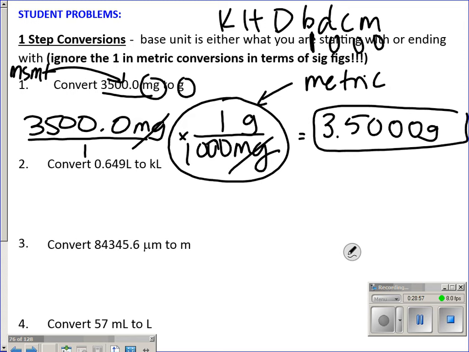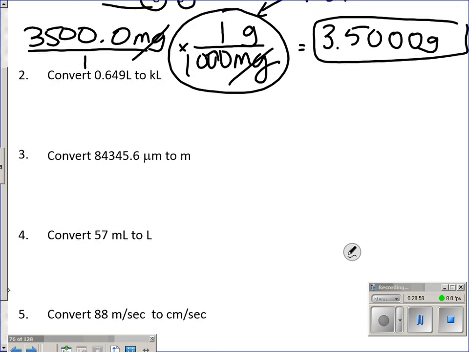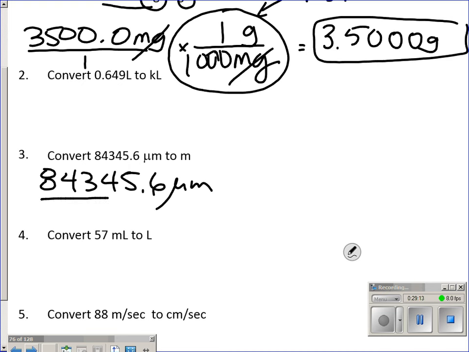Okay, let's go down to 3. So I'm going to work with micrometers. So write your first number, micrometers. Put it over 1 if you want. And we're converting to what? To meters. Good. Okay, so you have your big King Henry died by drinking chocolate milk, all that right there.